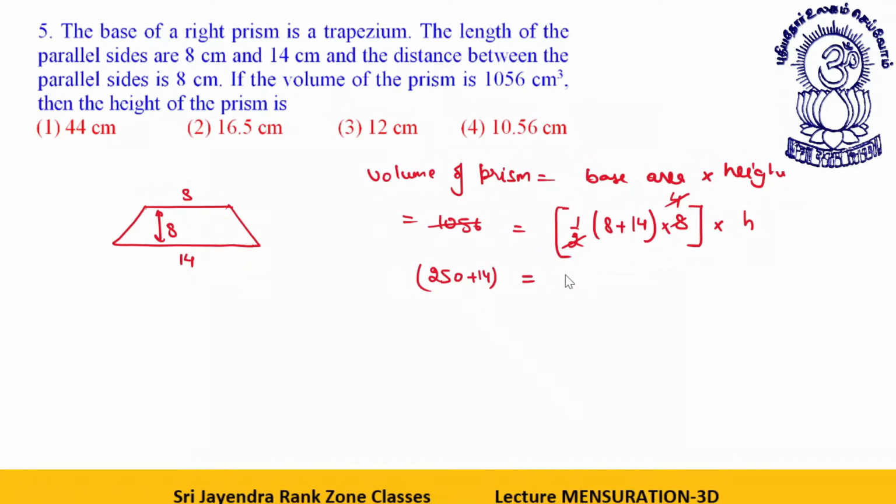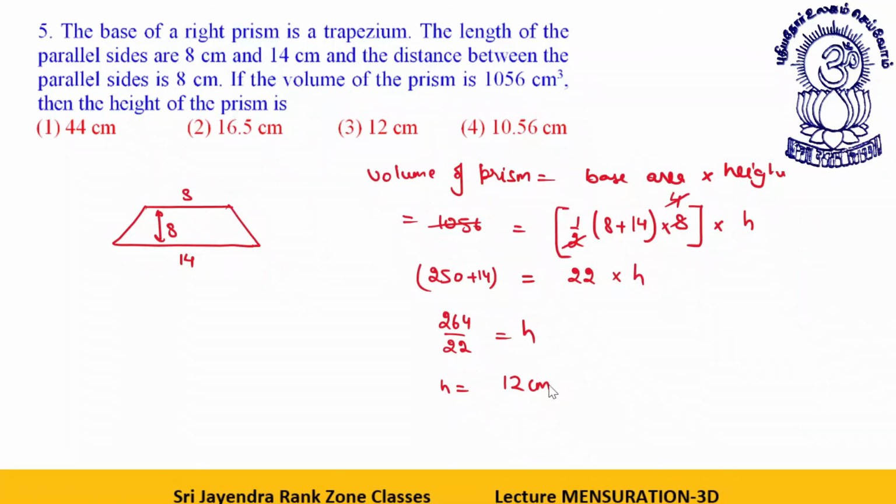This is again 14. 8 plus 14, 22, into h. So 264 by 22 is equal to h. H is equal to 12 centimeters.